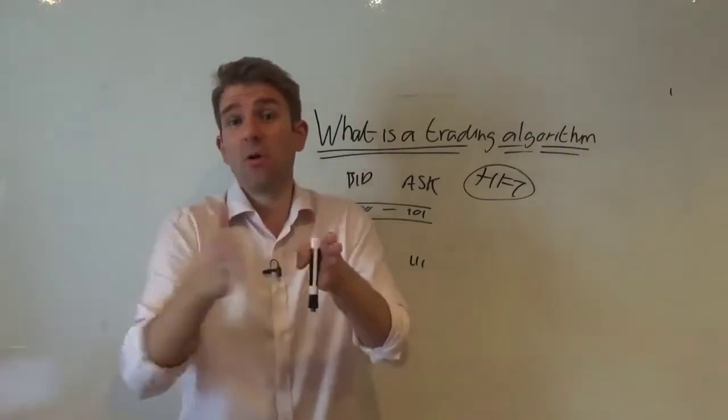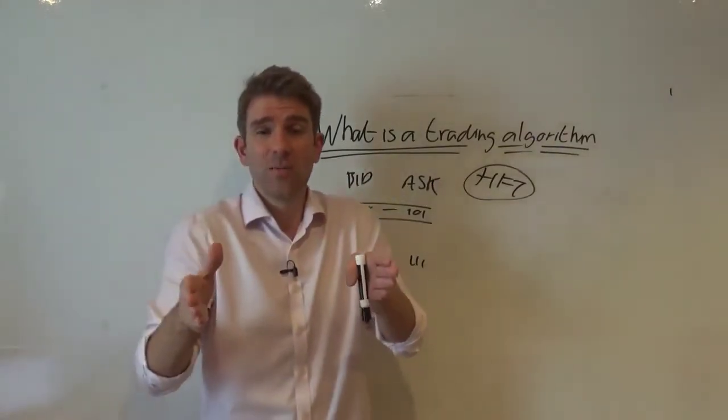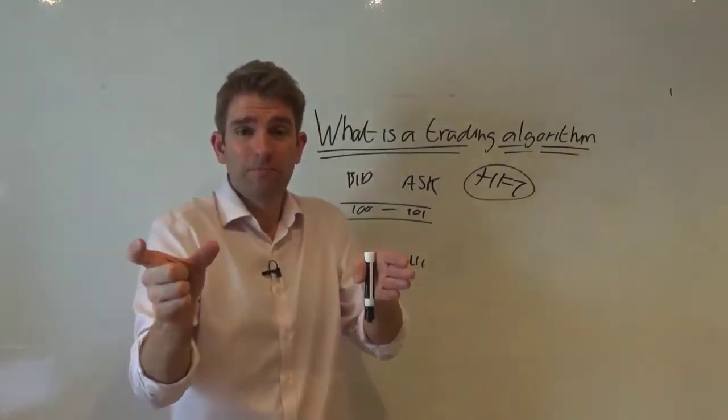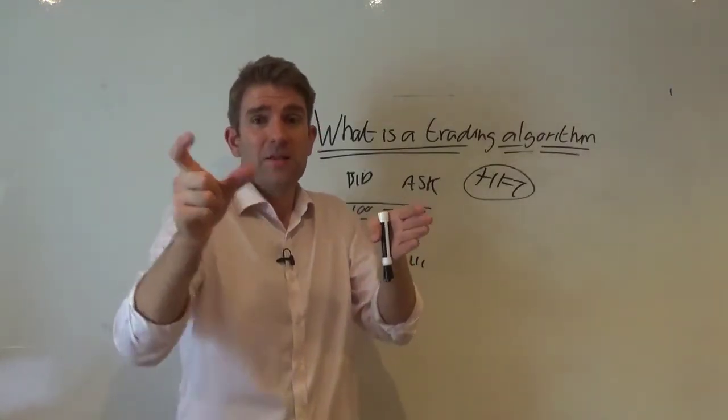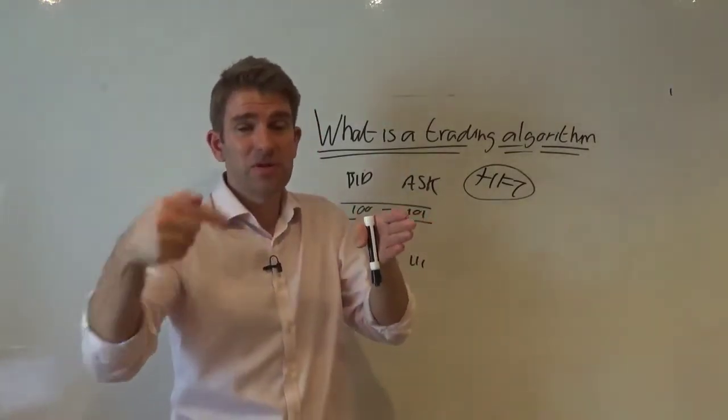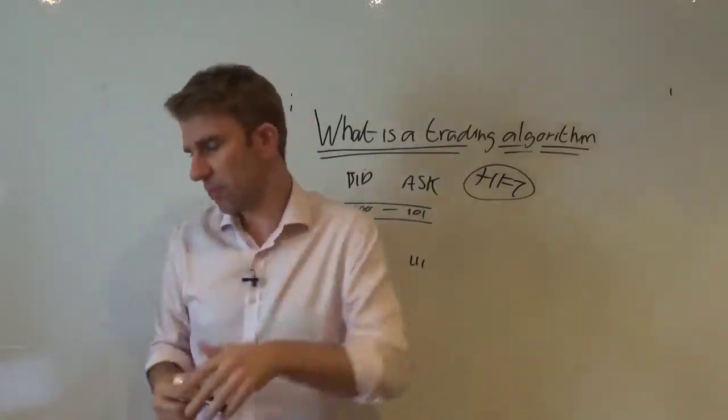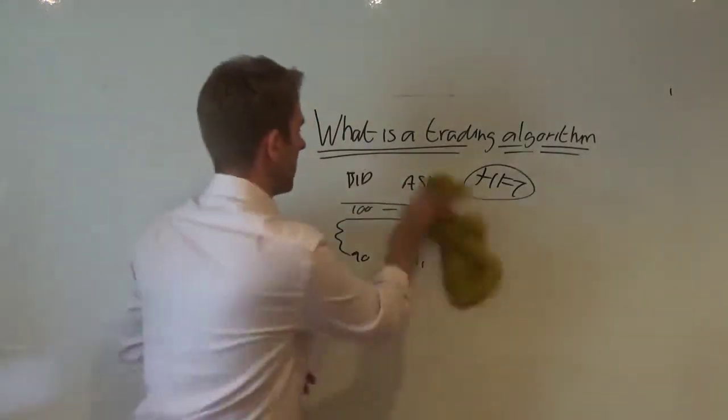So if you had, say, a market order to buy 1,000 shares coming in and there were 1,000 available, the HFT would probably buy those 1,000. Let's do an example, because it's going to help you much better than me trying to explain it.